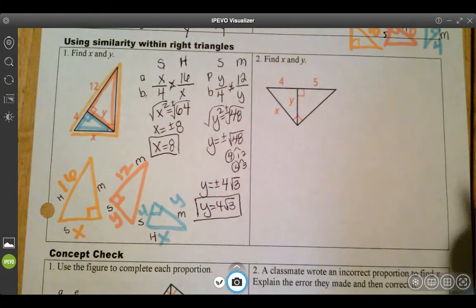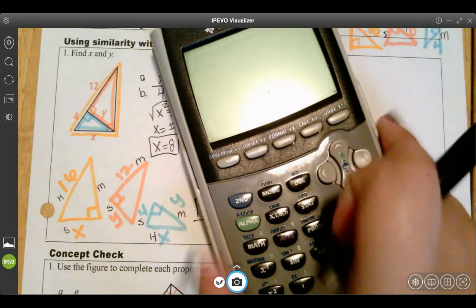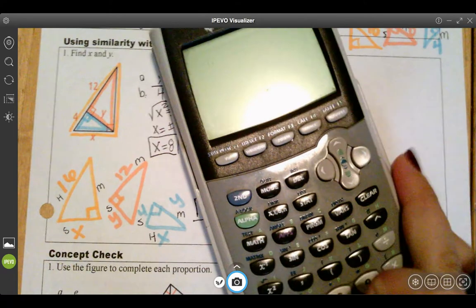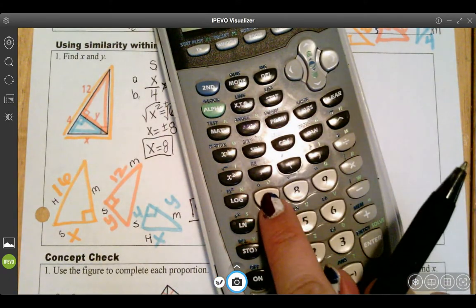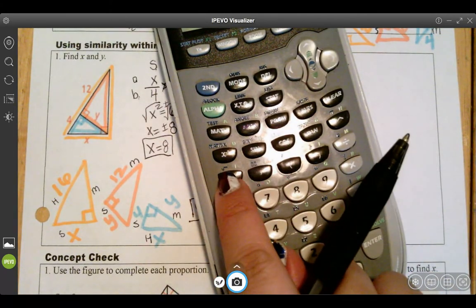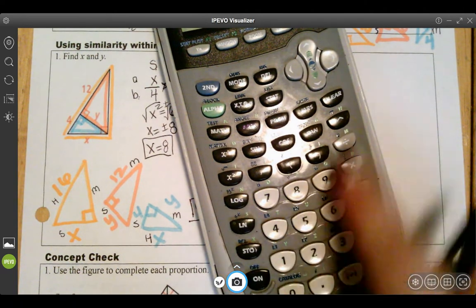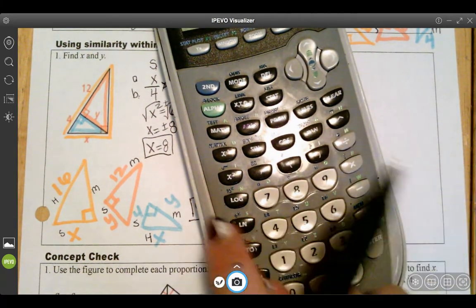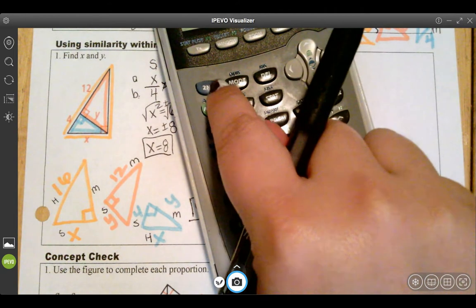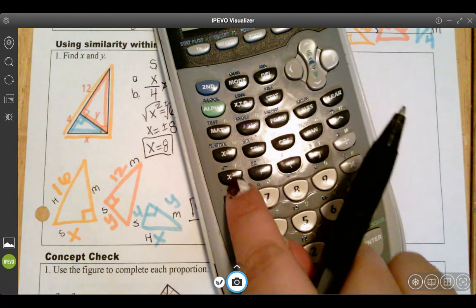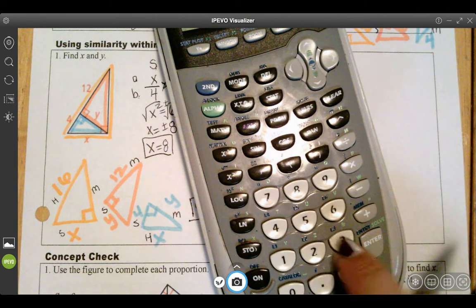If I'm estimating, then I would put it in the calculator. And the square root symbol is just above x squared. So if you find 7, go up and to the left. The square root is just above that button. And so we would say 4 square root, we press second, and then the x squared button, 3.